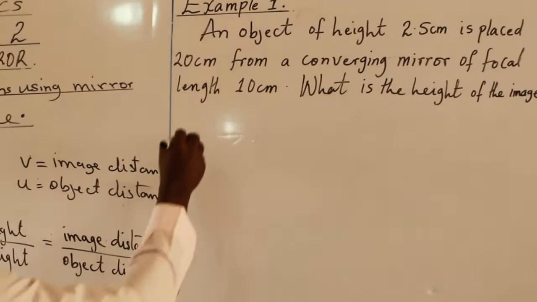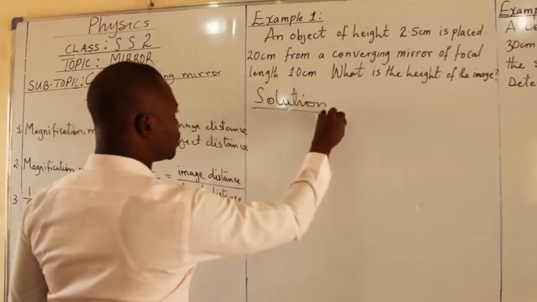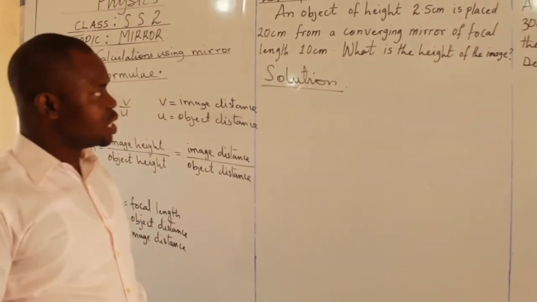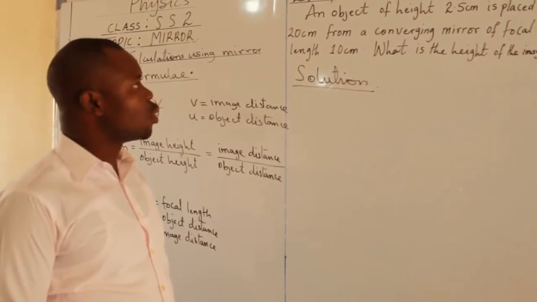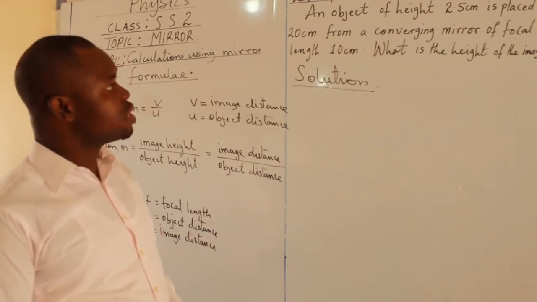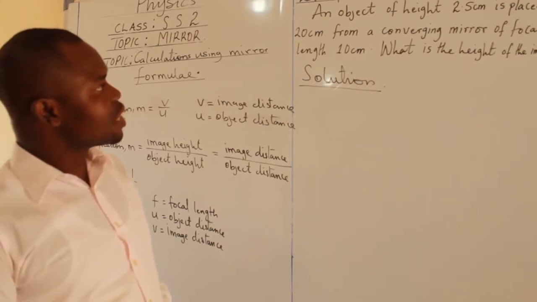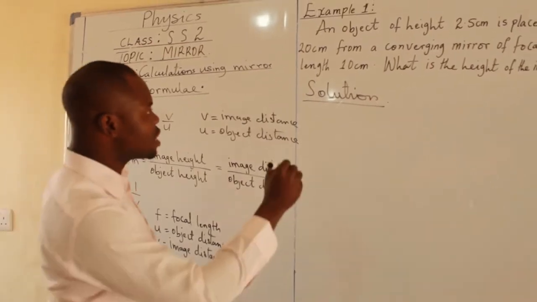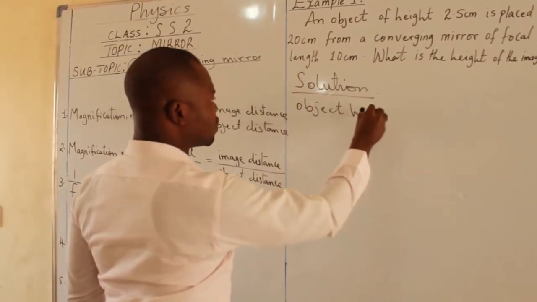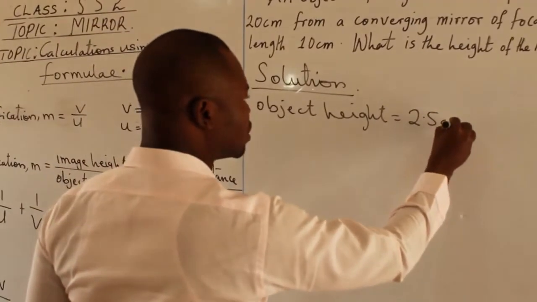Okay, let's look at the solution. When you have a question like this, it is very good for you to list out the parameters you are given in the question. For example, an object of height 2.5 centimeters. So we can write that quickly. Object height equals 2.5 centimeters.